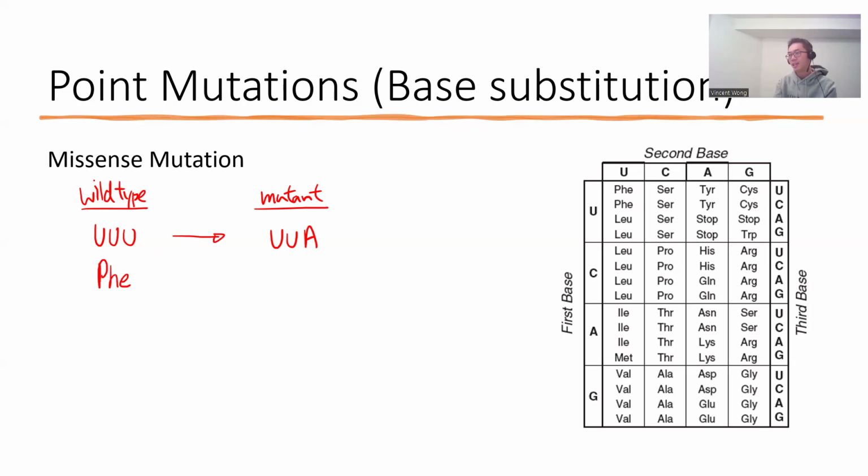Hopefully you remember it's PHE. What about UUA? What is UUA? LEU. Yes, UUA is LEU. So now it's a different amino acid. It's a mistake. So this is called a missense mutation, no dash.